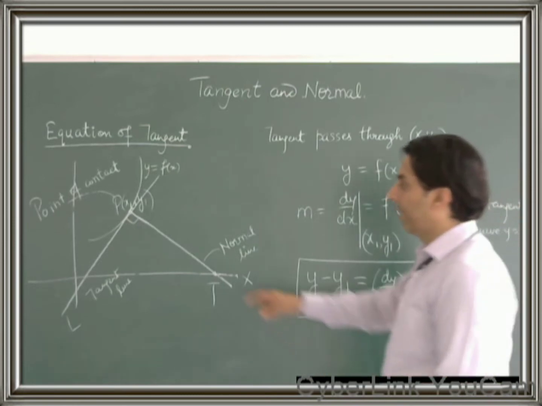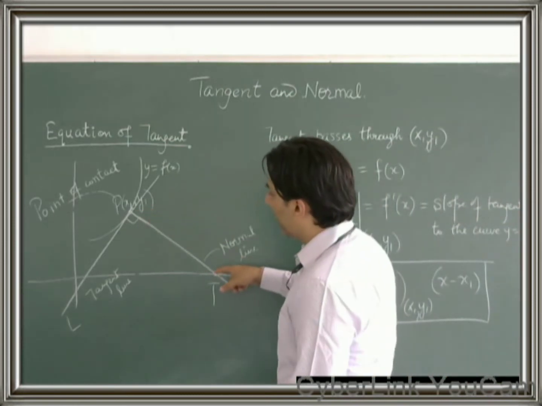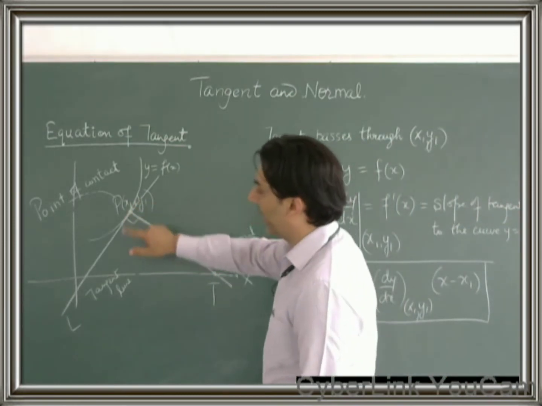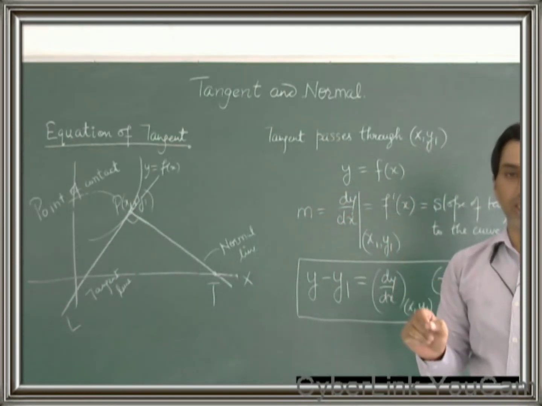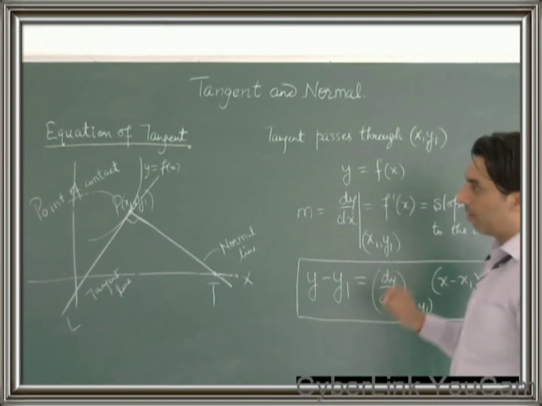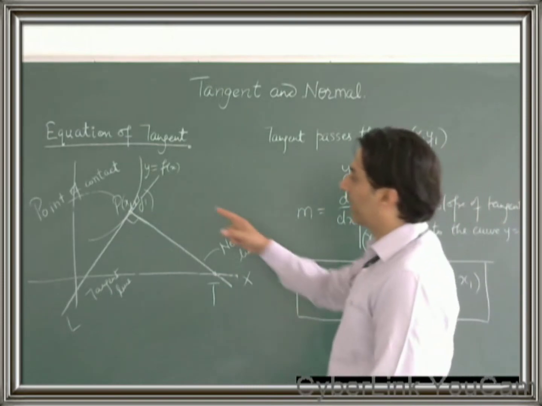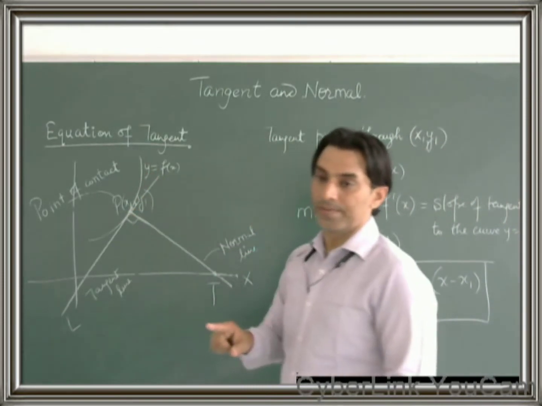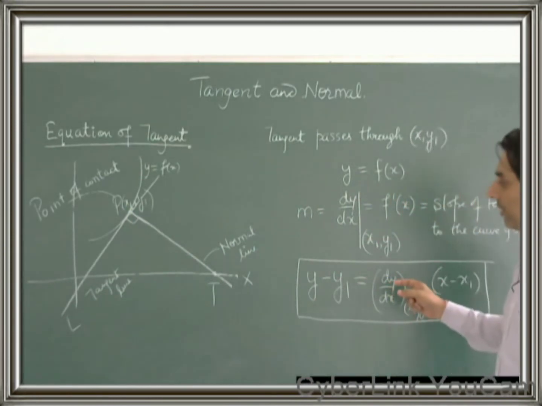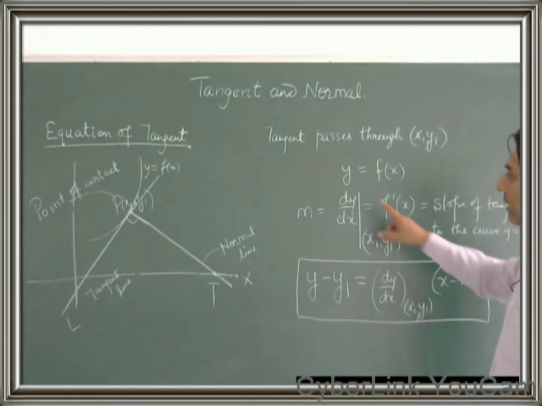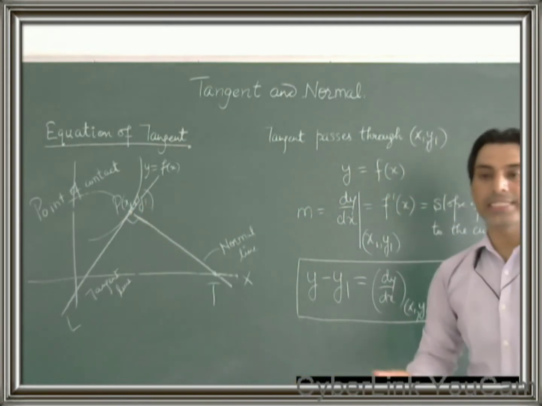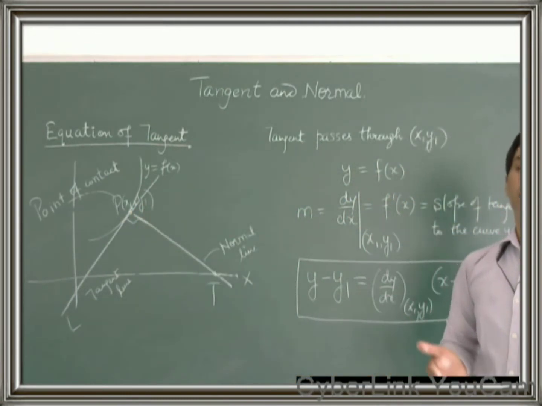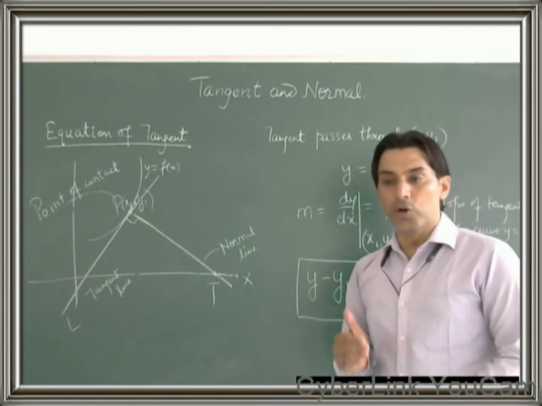And now you know very well that this normal line passes through the point x1, y1, meaning x1, y1 is a point which lies on the tangent line, it lies on the normal line, and it also lies on the curve. So for finding the equation of the normal line, I'll be using the same point x1, y1. Now what else is required? I need the slope of the normal.